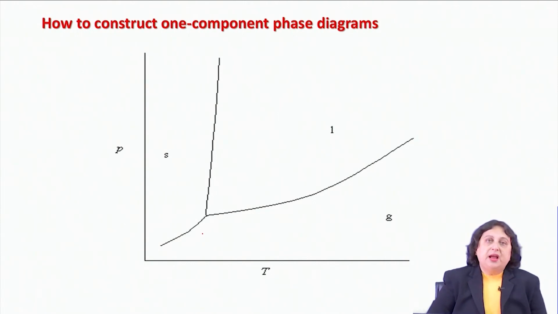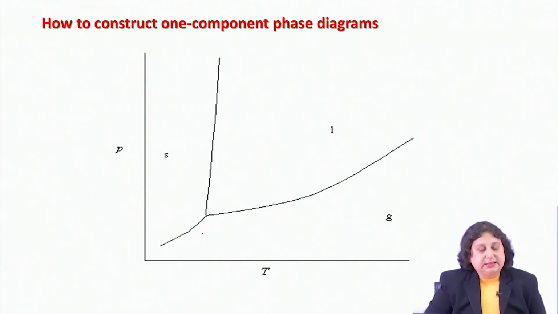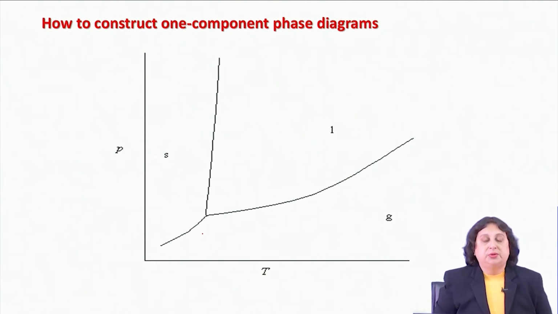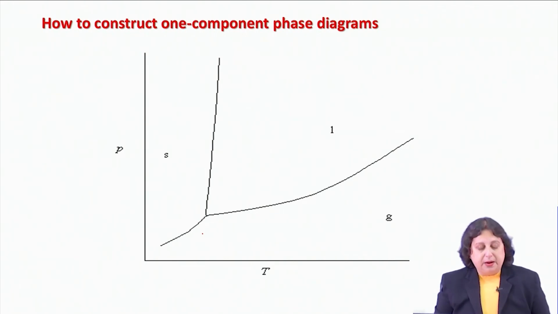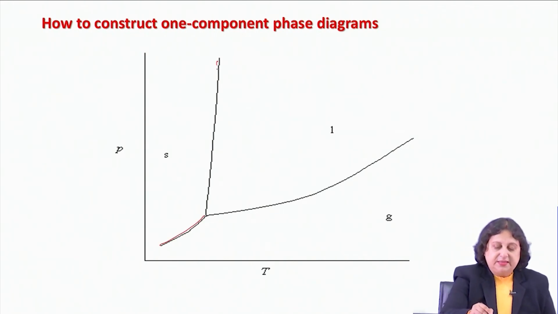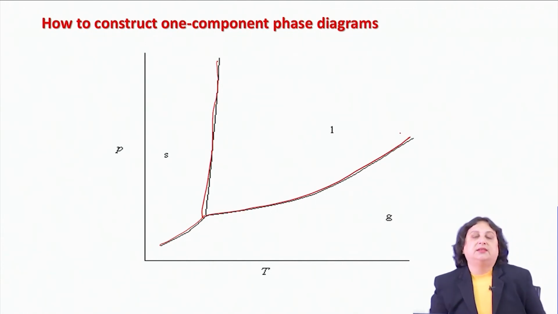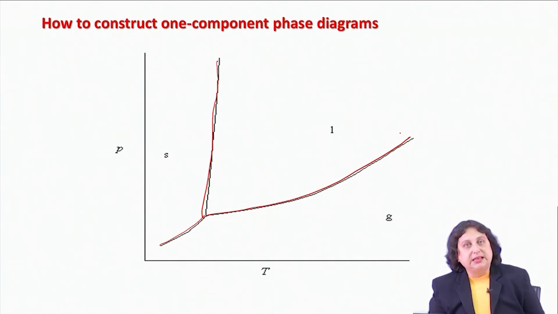Now, when I have constructed these curves separating the single phase regions of the phase diagram, then I understand that any point in this PT plane, if it is not a part of any of these curves, is a point where the system is stable in a single phase.